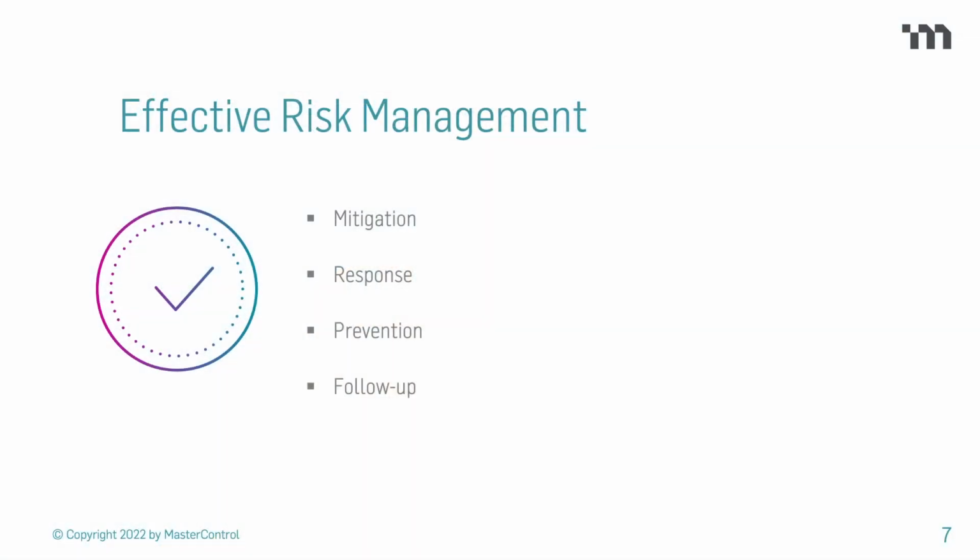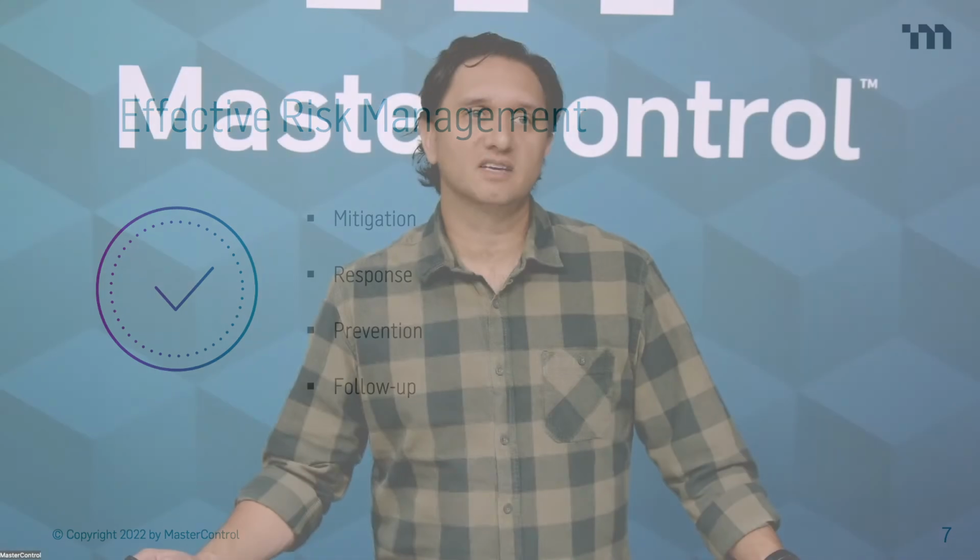Next is prevention. Prevention, as I mentioned before, the most effective risk activity is don't introduce the risk in the first place. Ensuring you have a great risk identification process when creating a process or products helps create this no introduction environment.